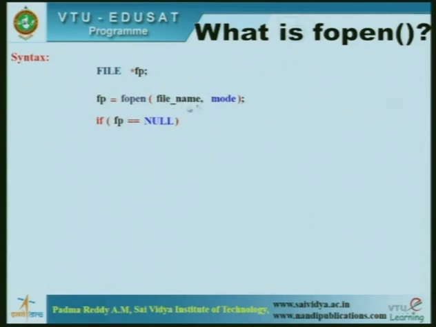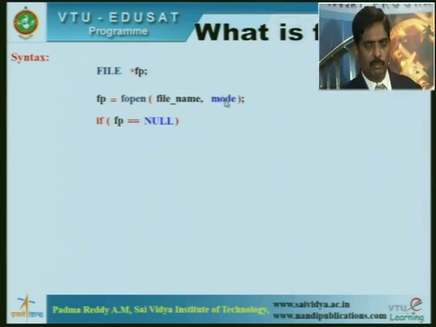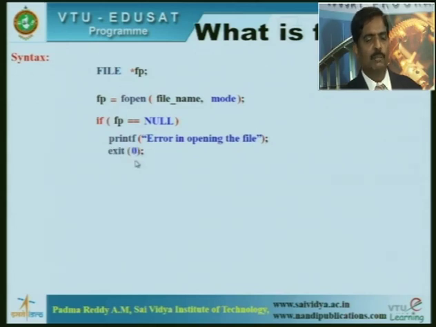You can open the file in read mode, write mode or append mode. Suppose I am going to open the file in read mode, the file must exist. If the file is not present, the function fopen returns null. So fp now contains null. So if fp equal to null, it means error in opening the file, the file may not be there.